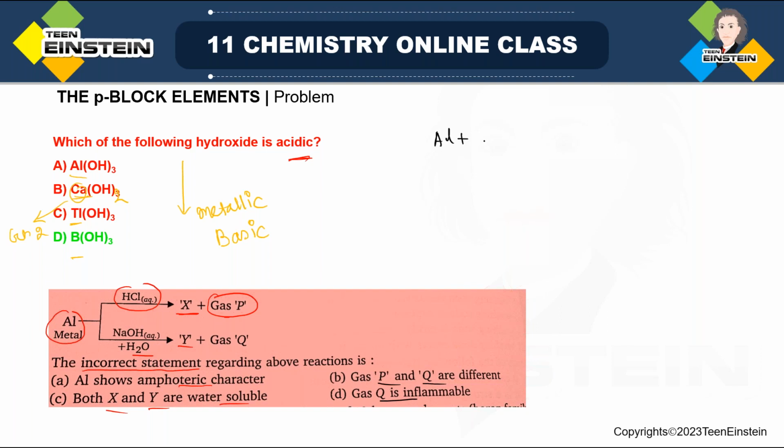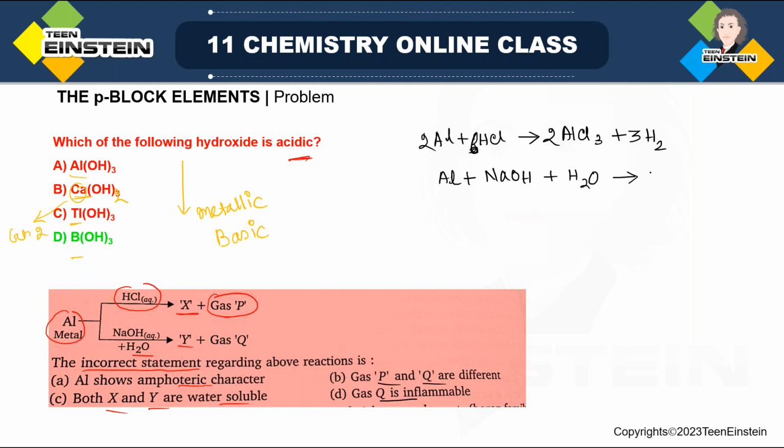Aluminium, when it reacts with HCl, forms aluminium chloride and hydrogen gas. Now if I balance it, it will be 6 and here 2 and 3. Fine. Now when aluminium reacts with NaOH, you also have to write water.